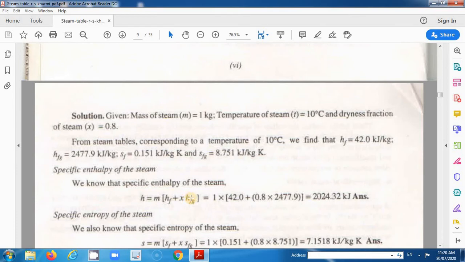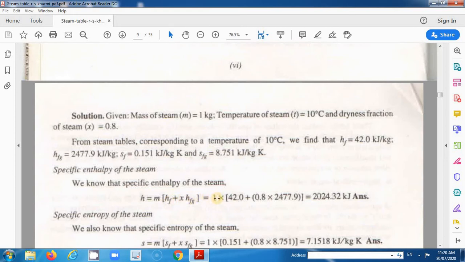Because it is a wet steam, X is given. If dry steam is given, then it is not necessary to take the X. Here mass is 1 kg. So this is the formula.